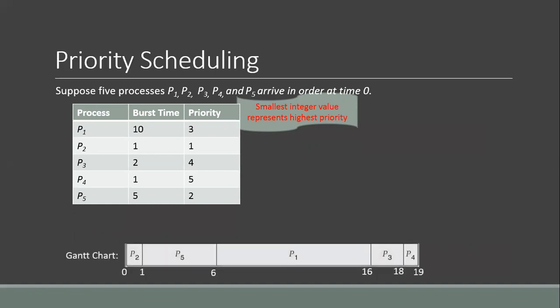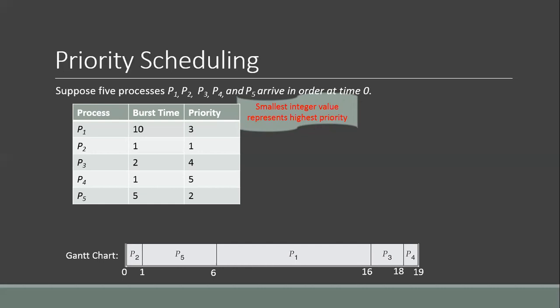Here is the Gantt chart that explains the priority scheduling for this set of processes. Because all the processes have arrived at time 0 in the order from P1 to P5, the process with the highest priority will be selected at time 0.